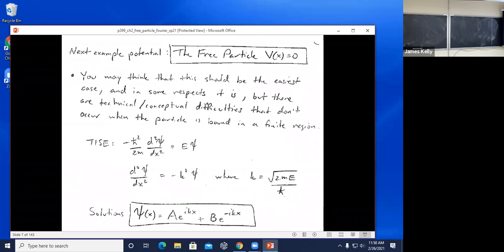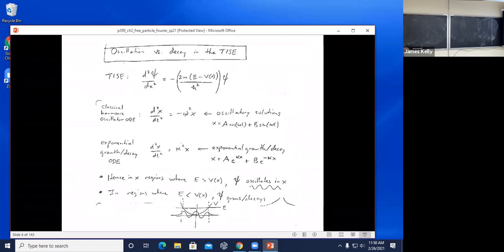So that's true in general, not just for the harmonic oscillator. Maybe I should draw a picture on the board.